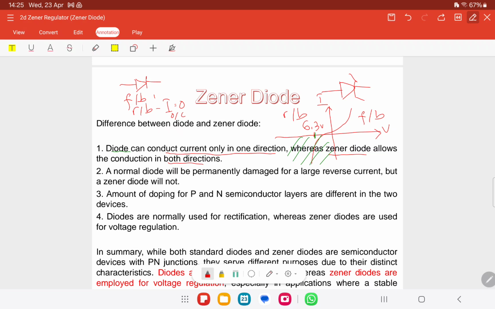A normal diode will be permanently damaged if we have a large reverse current, so it cannot be used. The Zener diode can be used, but only up to a certain value. At some point it will still be damaged; it cannot operate to minus 100 watts. Until one point, it can still be damaged.